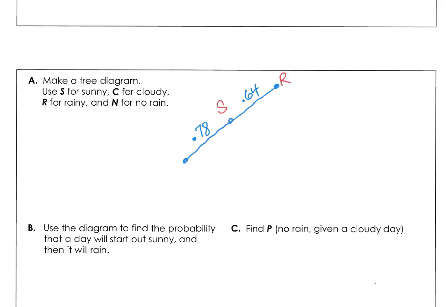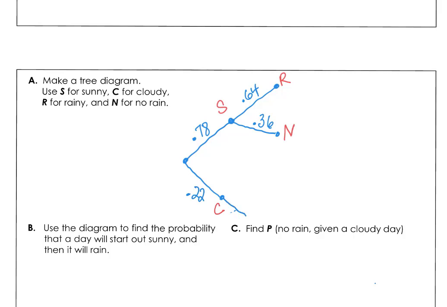And then if it wasn't sunny, we had no rain, so that would have been 36%, since 64 and 36 make 100%. Then going in the opposite direction, if it wasn't sunny and it was cloudy, that would have given us 22% of the days would be cloudy.